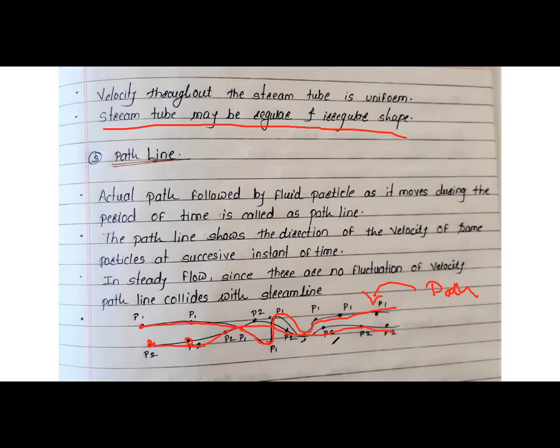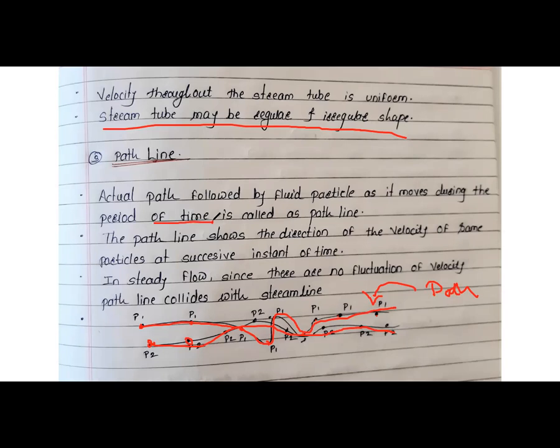So the path line is used when we follow the Lagrangian method to study the flow. The actual path followed by a fluid particle as it moves during a period of time is called a path line. So this changes with respect to time.